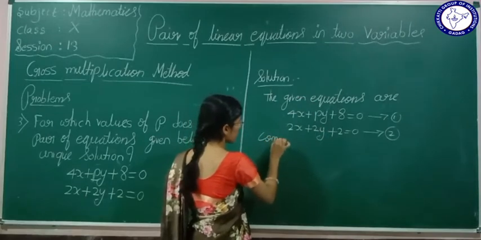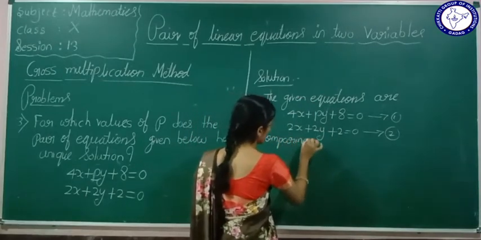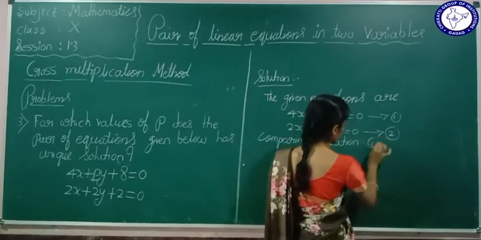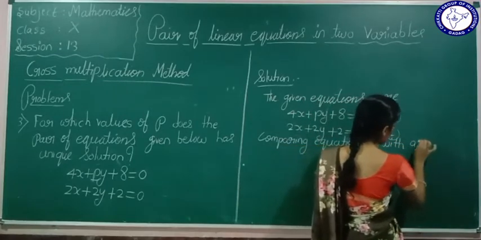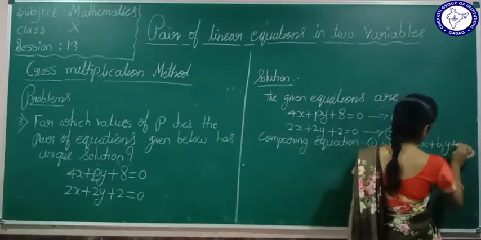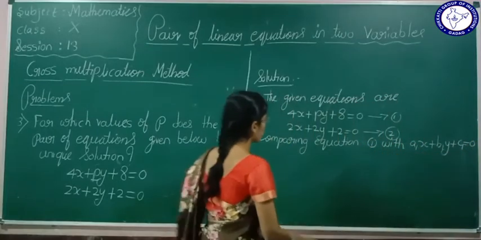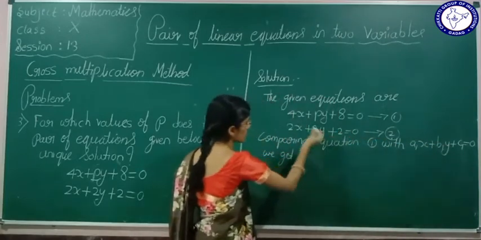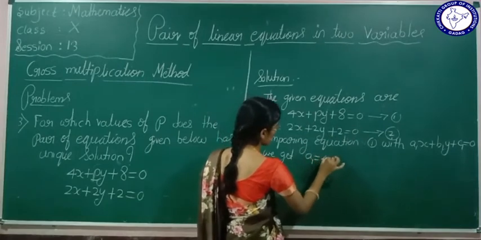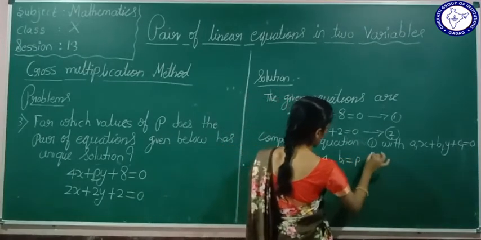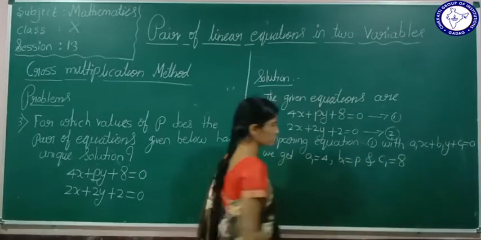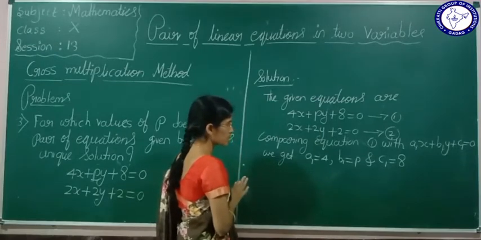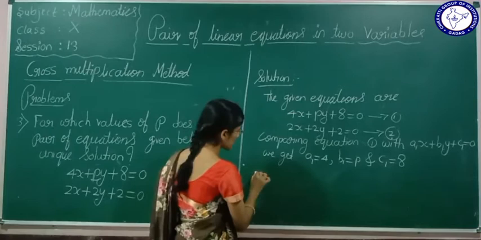See here, comparing equation 1 with a1x plus b1y plus c1 is equal to 0, we get a1 is 4, b1 is p and c1 is 8.